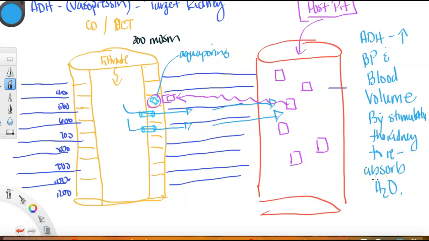Okay, so that's how ADH works. So now we need to look at aldosterone. So we'll look at that next.